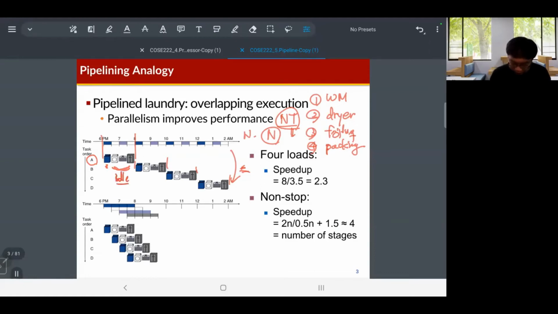Let's focus on this time period. We are using a dryer, which is a kind of hardware resource, but other resources like the washing machine, the folding, and the closet are not used.